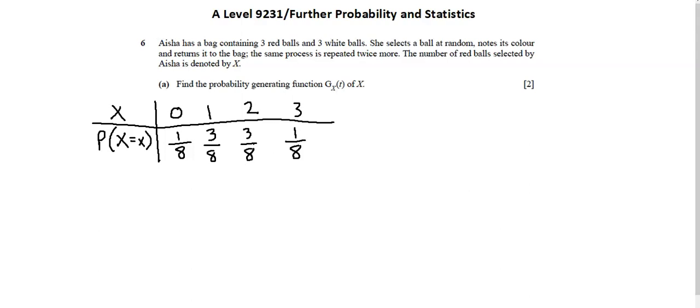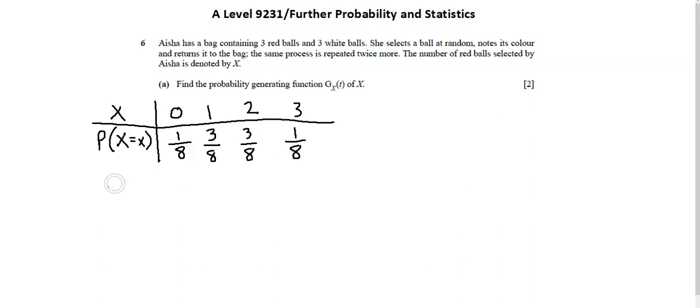As an example of 1 red and 2 white, there are 3 ways to do that. Red, white, white, white, red, white, white, white, red. Notice that these 4 probabilities sum to 1. 1 plus 3 plus 3 plus 1 is 8. 8 over 8 is 1. Your sum of probabilities should always be 1.